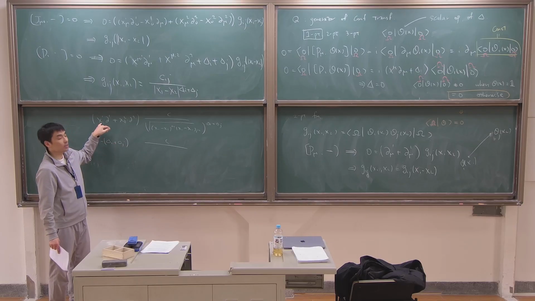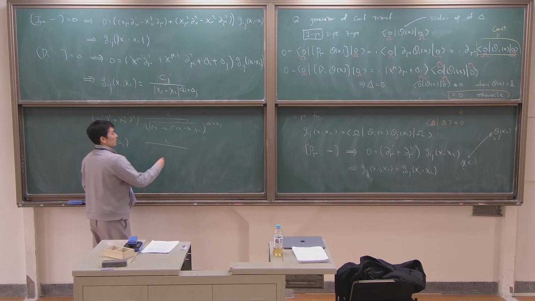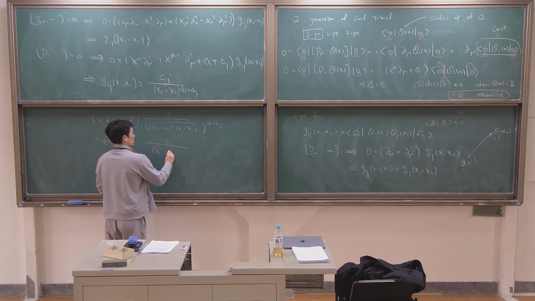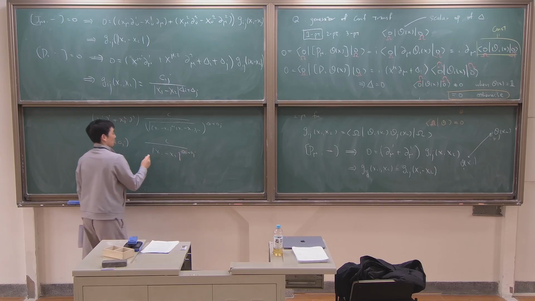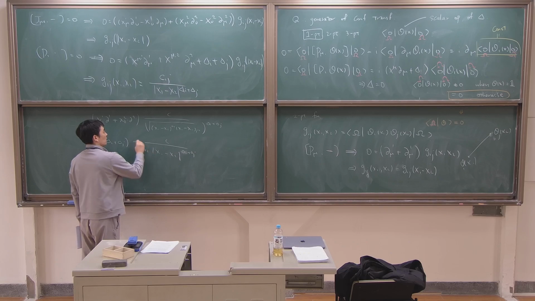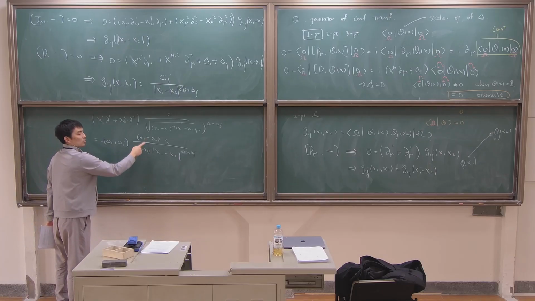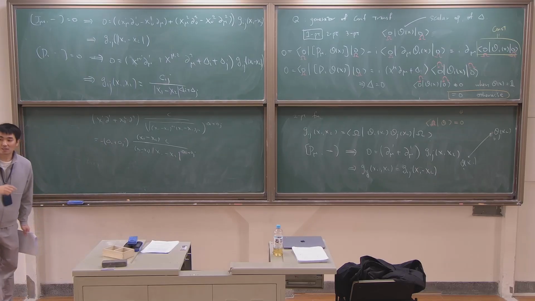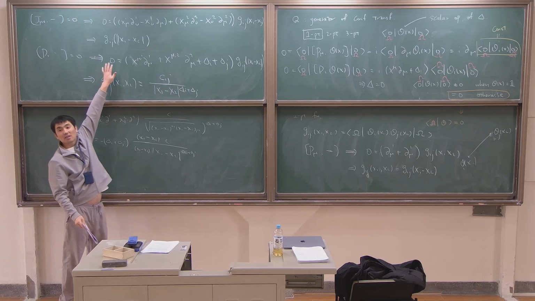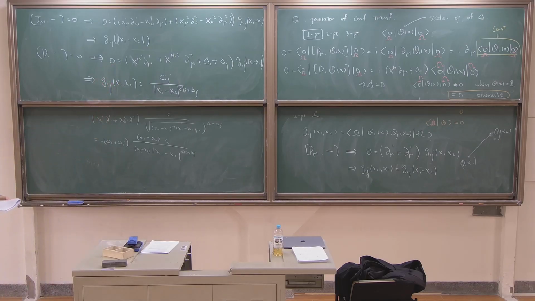Then essentially we have x1 minus x2, and you count down with this factor too. And so therefore this will be the scaling dimension. It's easy. Fine.